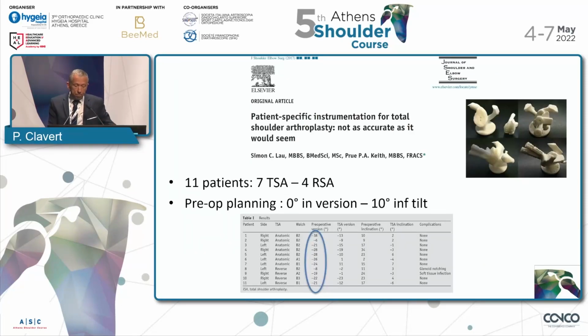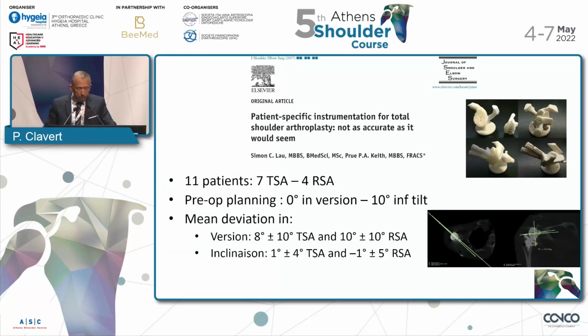Another study with just a small cohort of patients, 11: 7 total shoulders, 4 reversed. The advantage of this paper is that they use the PSI for real deformity of the glenoid. They also compare what was planned and the results. The objective was to have 0 degrees of inversion and 10 degrees of inferior tilt.